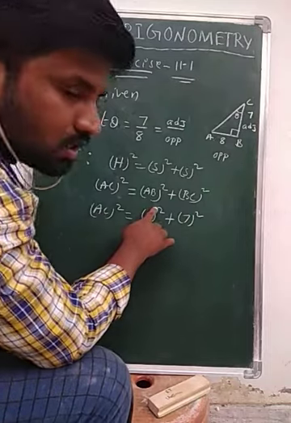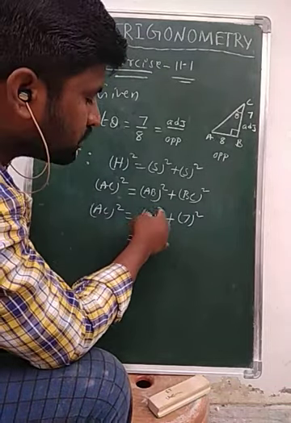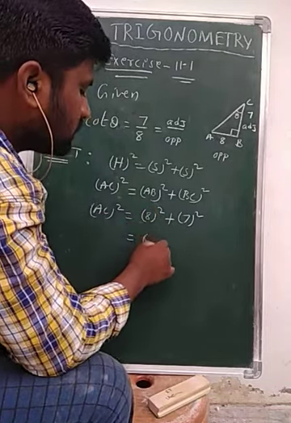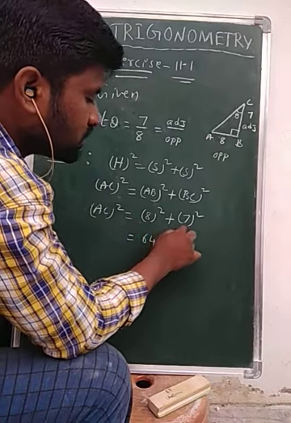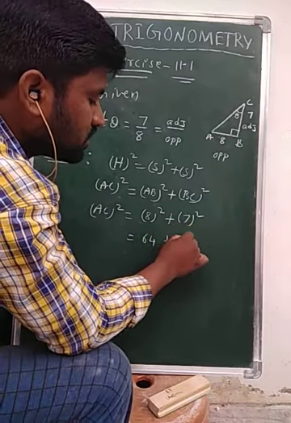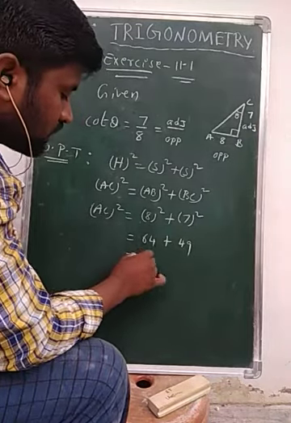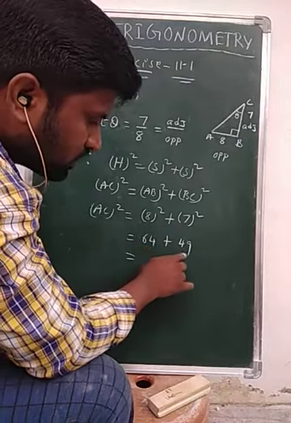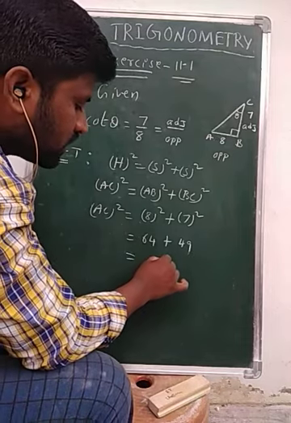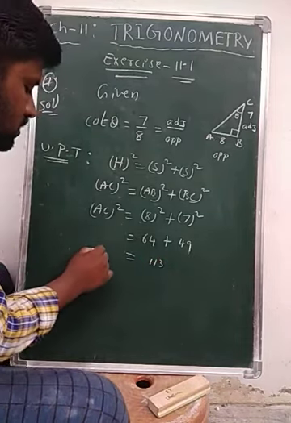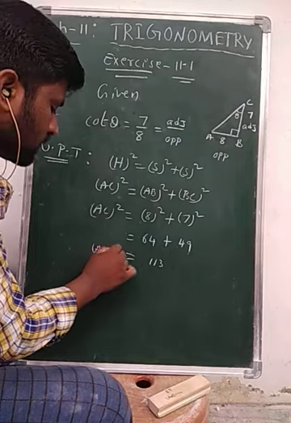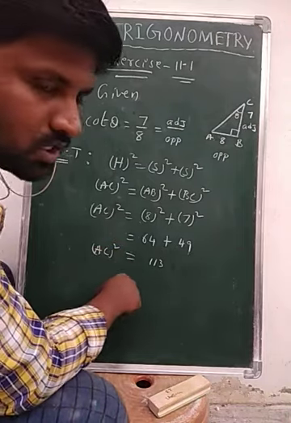Now 8 whole square means 8 raised to the power 2. 8 8s are 64, plus 7 whole square means 7 7s are 49. Now we get 64 plus 49, that is 113. So we get AC whole square is equal to 113.